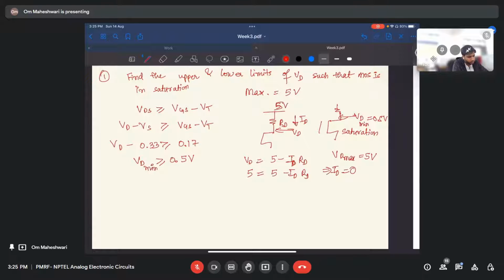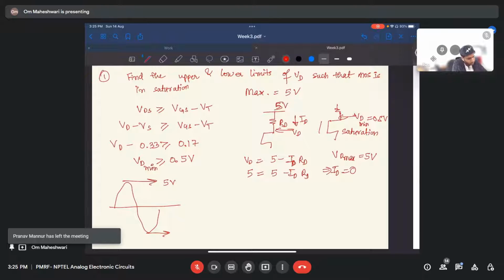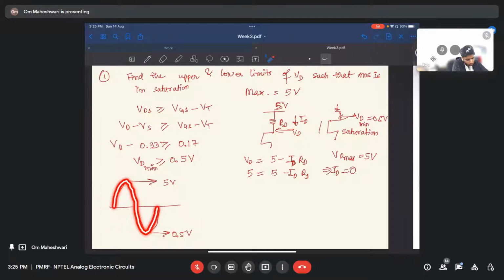So we have VD min and VD max. What we have right now is this value, 5 volts, and this value, 0.5 volts. Now to maximize the swing without moving out of saturation, we need to place VD exactly in the middle of this, right?